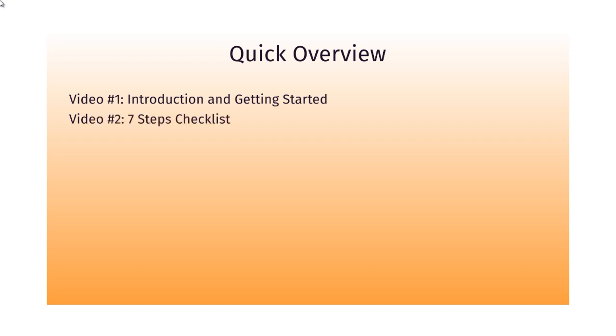Now what I want to do is talk about the video course itself, and give you a quick overview. This is video number 1. Video number 2 is the 7 steps checklist. The premise of videos 3, 4, 5, 6, 7, and 8 is that we're going to dive deeper into those 7 steps.